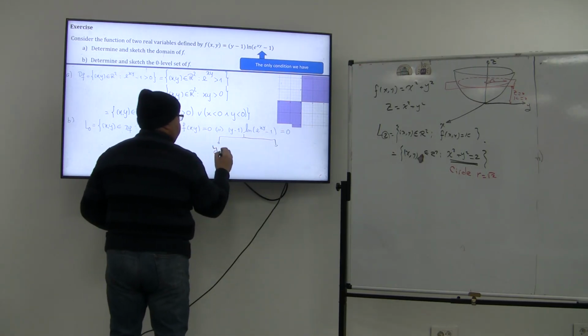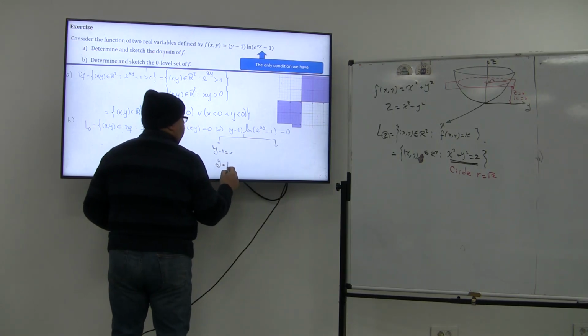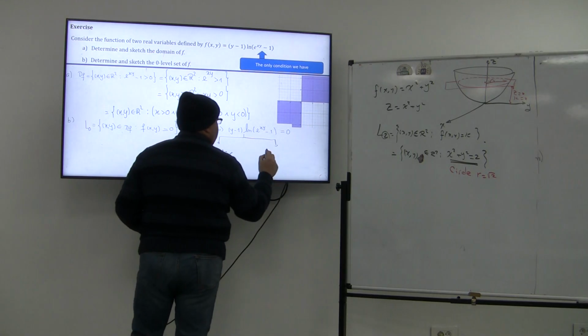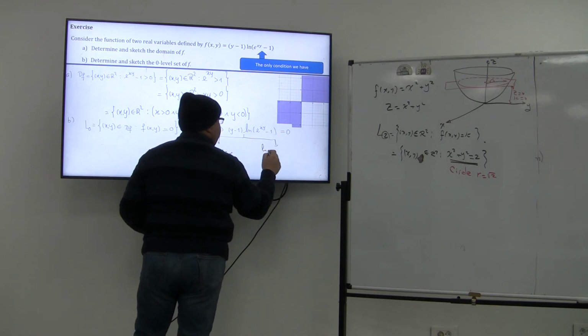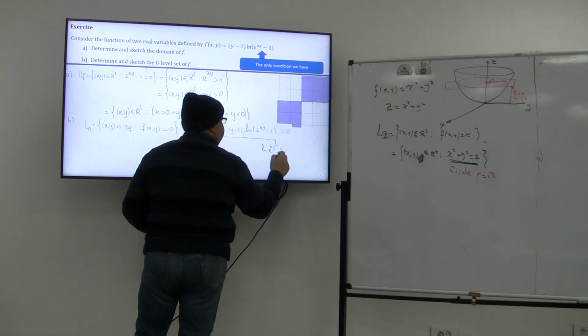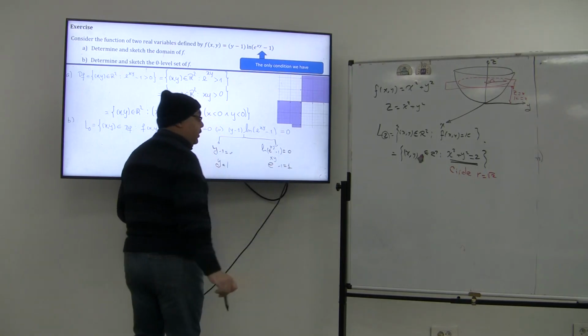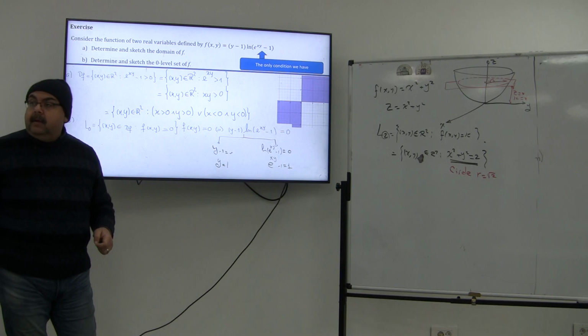Either y minus 1 equal to 0, in this case y is going to equal 1, or you will have ln of e^(xy) minus 1 should be equal to 0, and this will develop that e^(xy) minus 1 should equal positive 1. Do you know why, Adam?